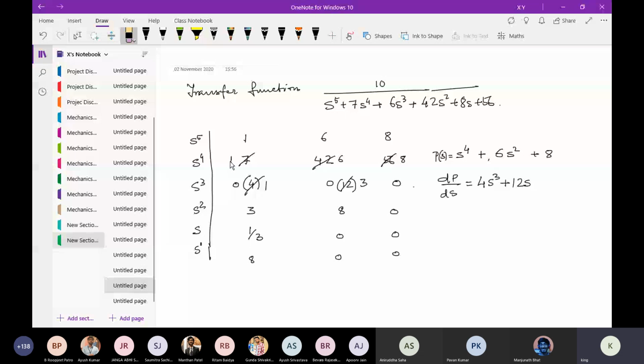Then, for this part of the polynomial we will have to analyze the nature of the roots separately, and for this part there will be another analysis. How to do that, I will be illustrating through some examples.